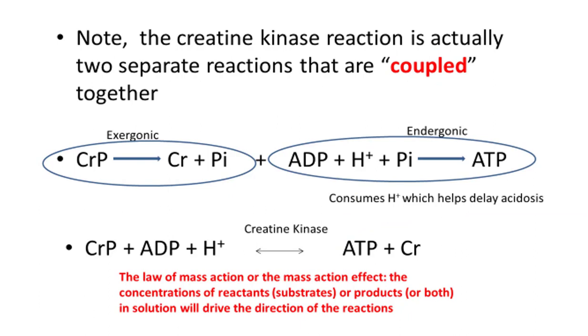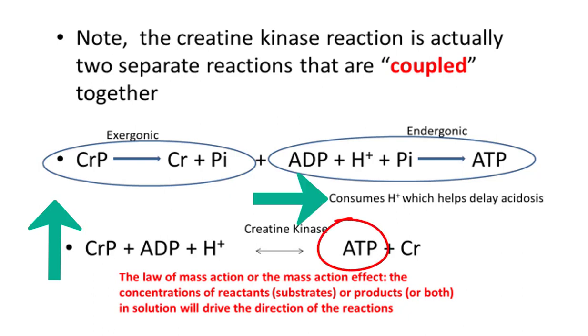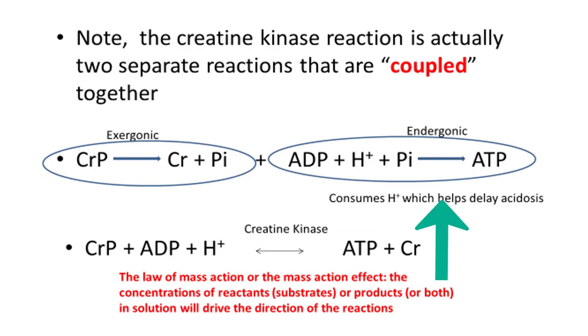If the concentration of the substrate increases, there will be a change in free energy favoring the reaction to form ATP. Conversely, if the concentration of the product increases, there will be a change in the direction of the reaction to favor the formation of creatine phosphate.